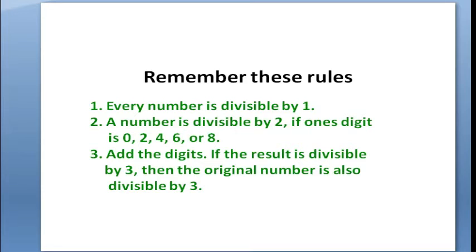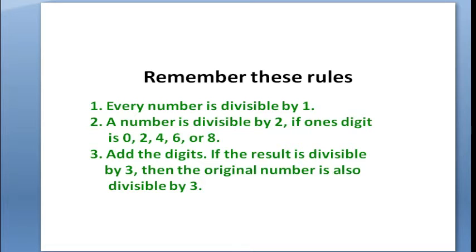Rule number 1 is, students, I will repeat every rule again and again. You have to listen very carefully and remember these rules. Rule number 1 is, every number is divisible by 1. I repeat, every number is divisible by 1.